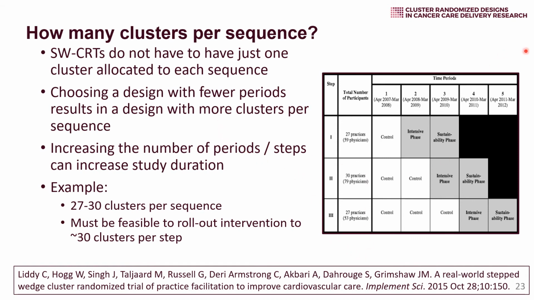This probably reduces the duration of the study, but it will be necessary to roll out the intervention to around 30 clusters at each of these different steps. And that can be logistically challenging in some settings. So the fewer sequences we have, the shorter the duration, but the more complex it often turns out to be to roll out the intervention to many clusters at the same time.